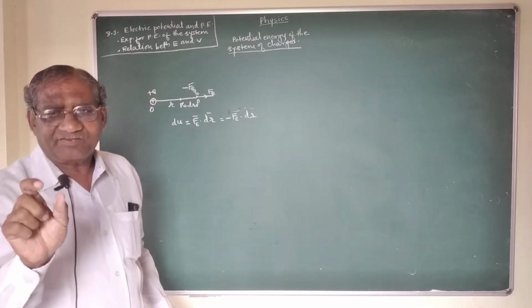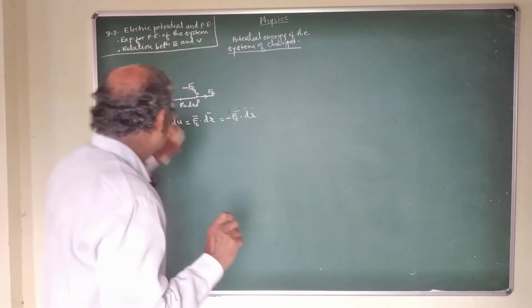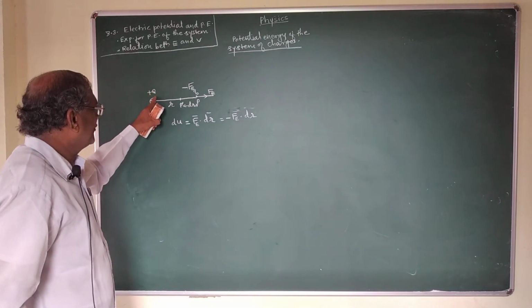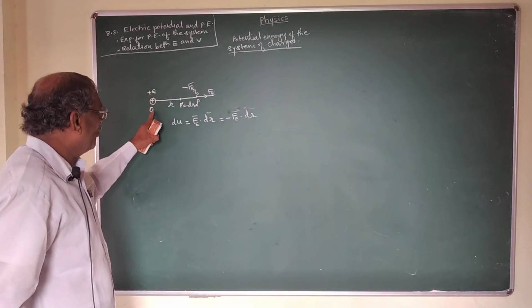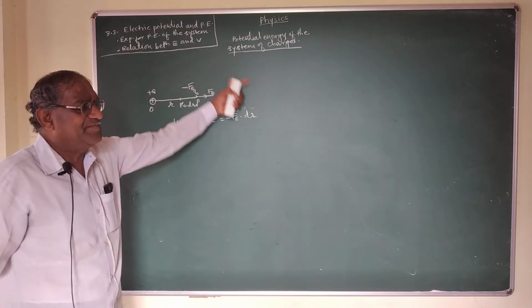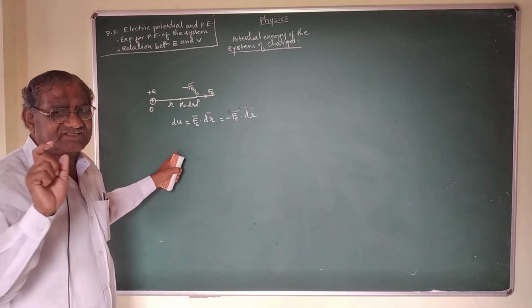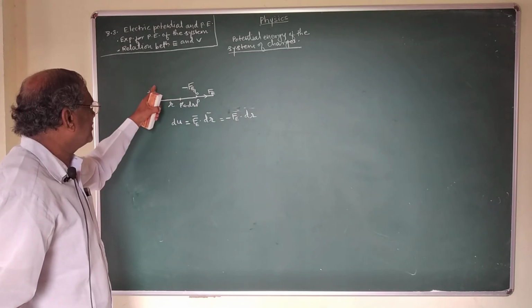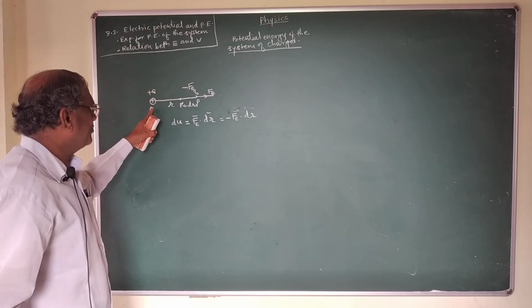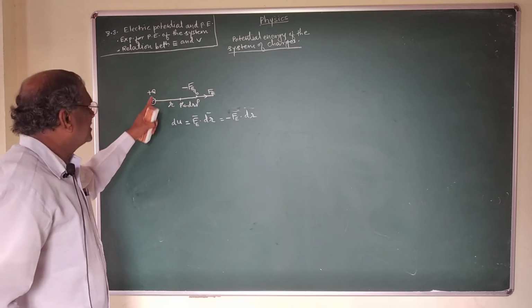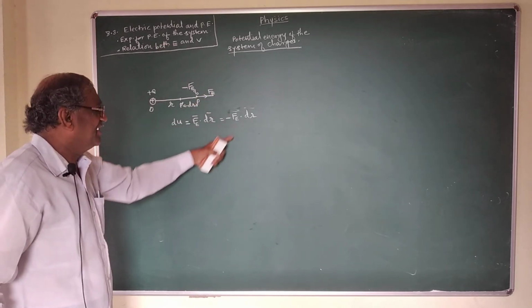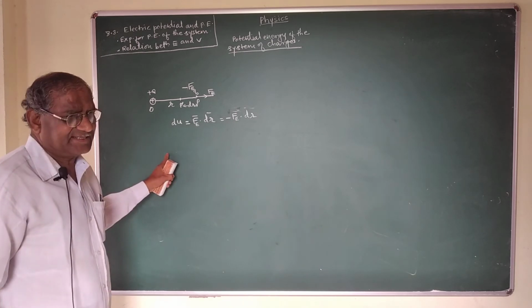You remember, it is a very simple thing. Let this plus q be the charge we place at point O in the surrounding medium. Suppose the surrounding medium is air. In the air medium we place this plus q charge at point O, so that this plus q charge produces an electric field in the surrounding space.